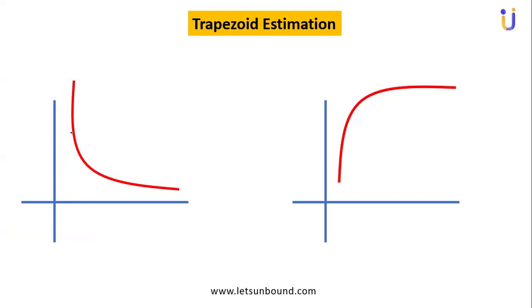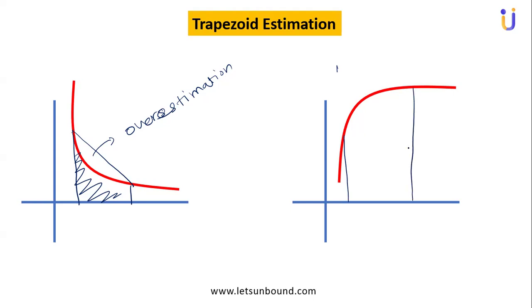So take this point with this point, and you make a trapezoid. Actually, I need only this area. So when you're working with a concave upward graph, there will be an overestimation. And concave downward, it's an underestimation, because this is the area under the curve we need. Actually, this area is covered, but this is missing out. So we are underestimating over here.